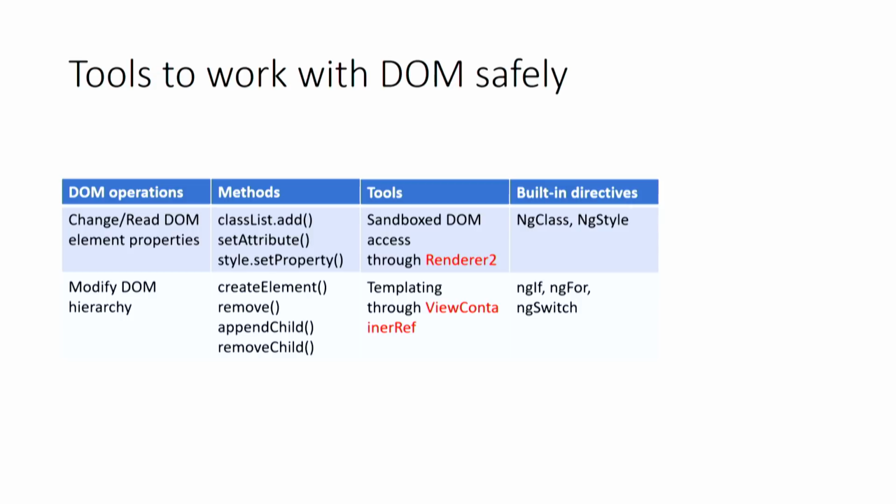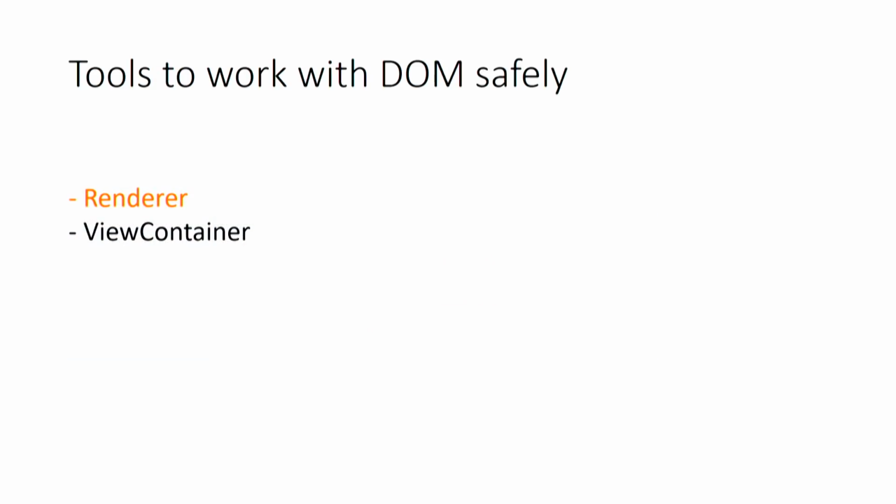It's also used inside the built-in directives ngIf, ngFor and ngSwitch. If you have read about them before, surely you have, you probably noticed that they are called structural directives. The word structural simply means that they change the structure of the DOM. This is what this table shows. So these are the main tools you should use when working with DOM in Angular.